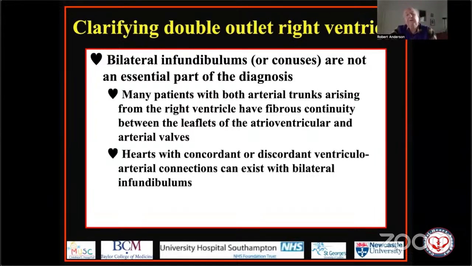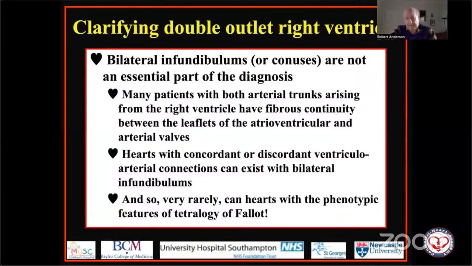Equally importantly, we can find bilateral conuses in the setting of concordant or discordant ventricular arterial connections. And Diane is going to show you an example of that very shortly.